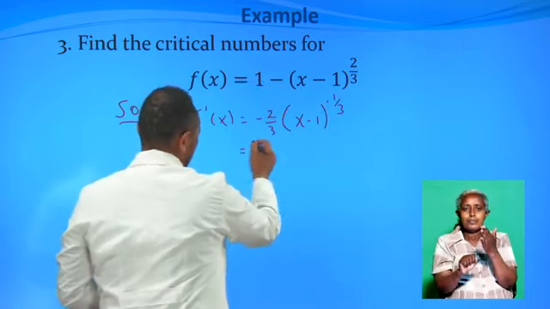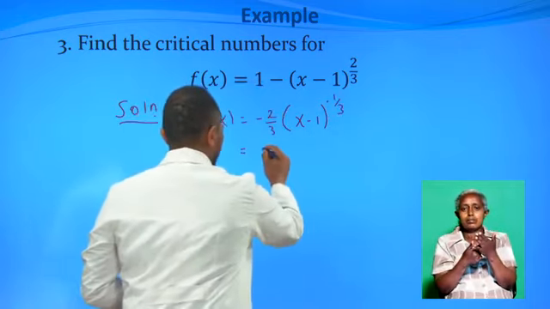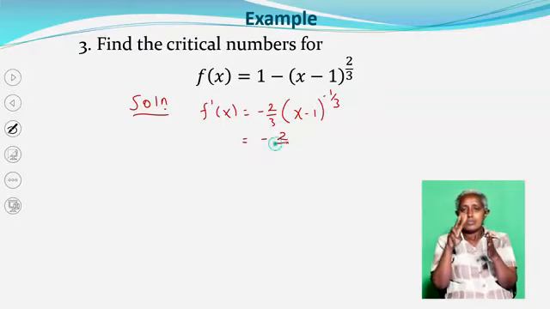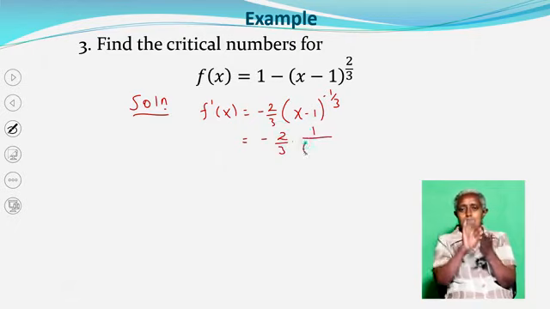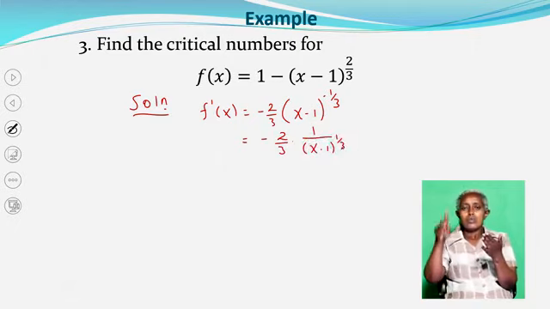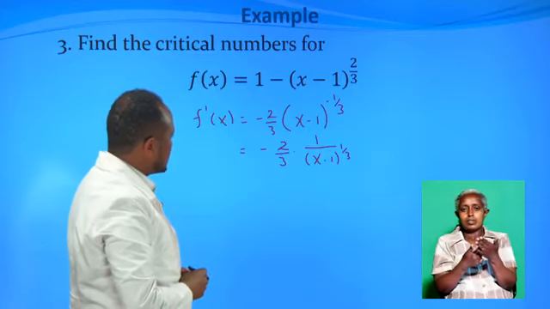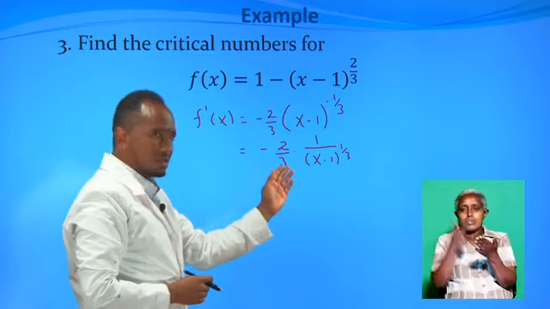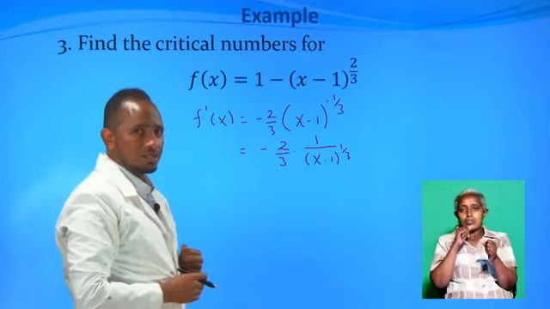So this implies negative 2 over 3 times 1 over x minus 1 to the power of 1 over 3. From this, the derivative of this expression cannot be 0.